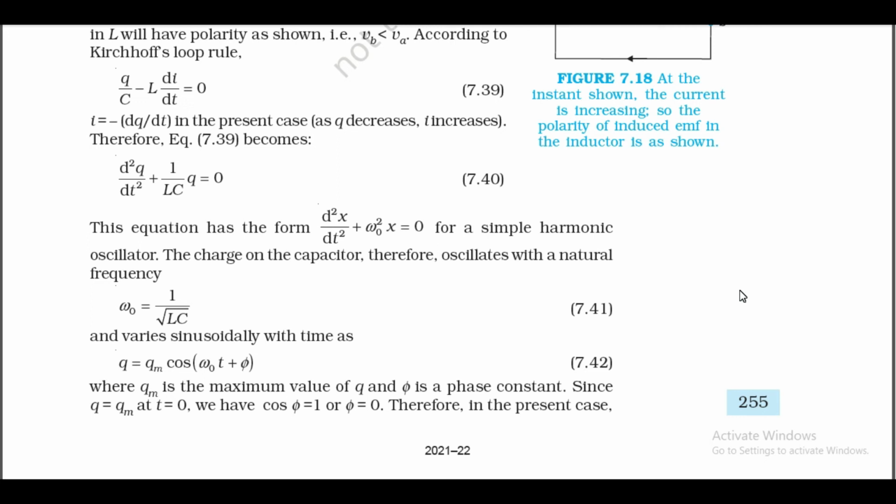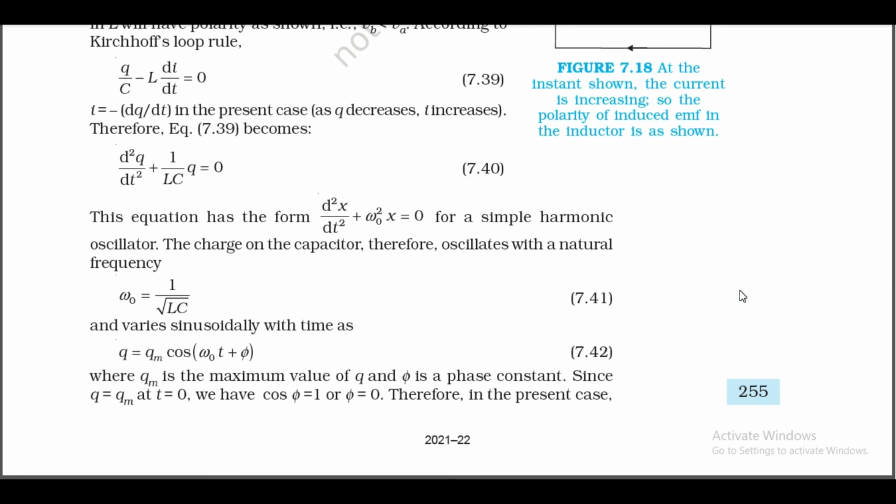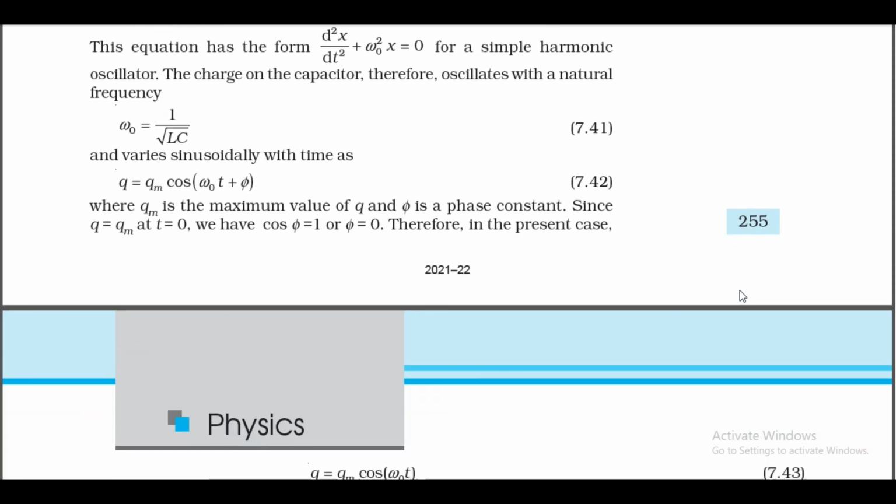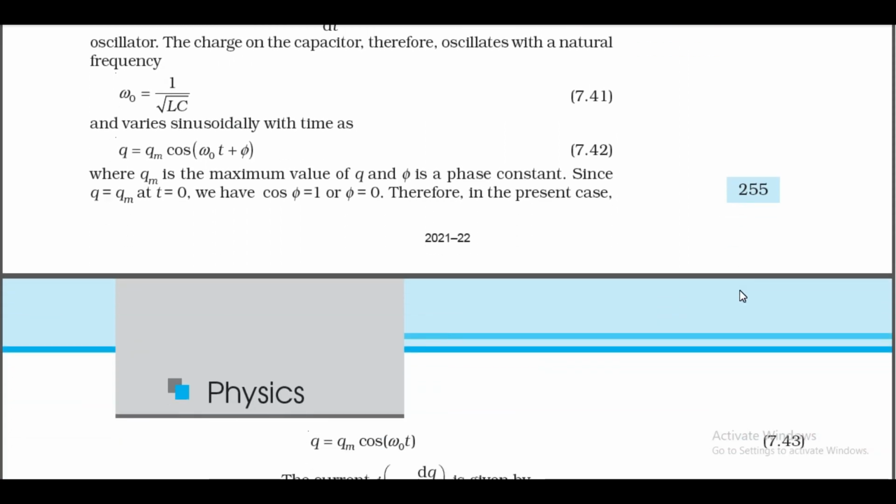The charge on the capacitor therefore oscillates with a natural frequency omega naught is equal to 1 by root LC and varies sinusoidally with time as Q is equal to Qm cos of omega naught t plus φ, where Qm is the maximum value of Q and φ is a phase constant.